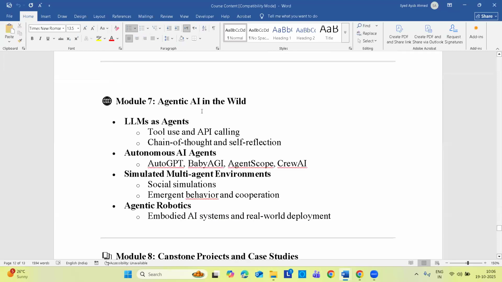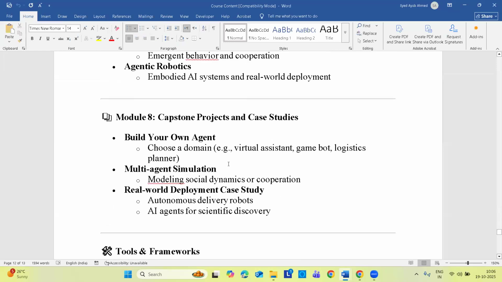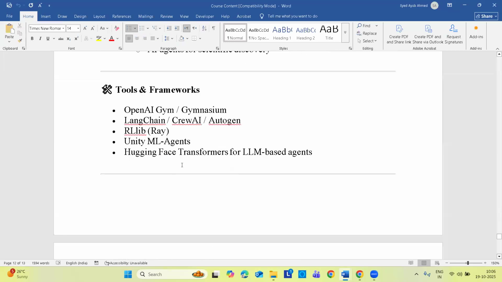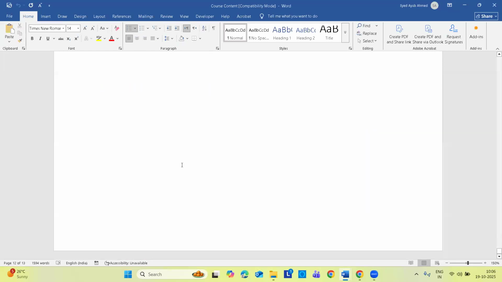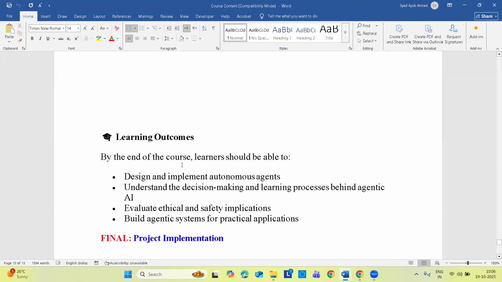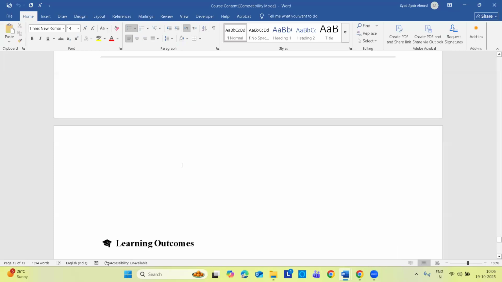And then how agentic AI is used in real-world examples and all. And then a project work will be given, so you have to look into these aspects as well. So this is the course content that we are trying to look into, guys.